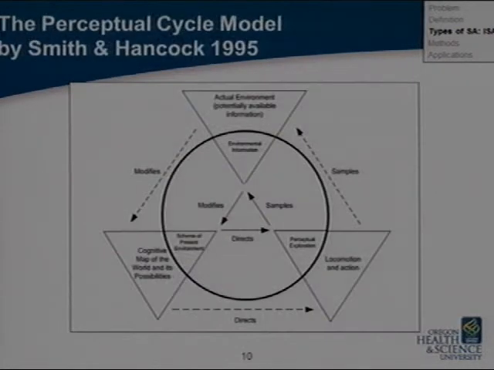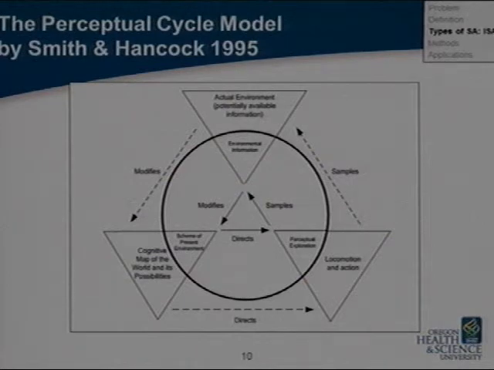One of the main points of contention has been what is situational awareness and what are its components? One of the biggest points was, is situational awareness a process or a product?